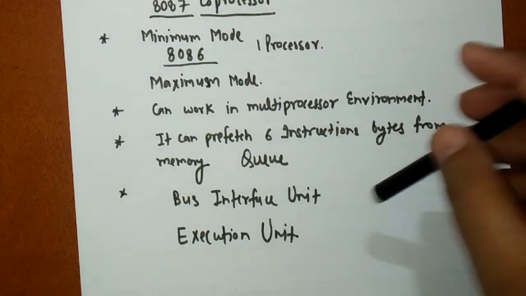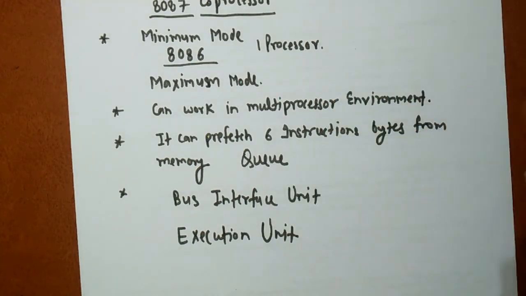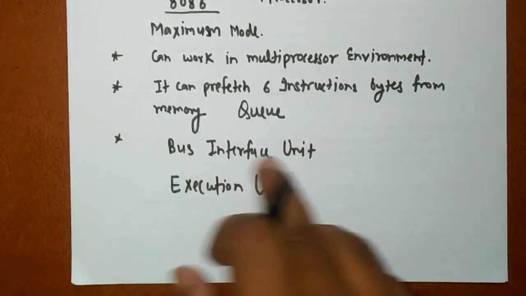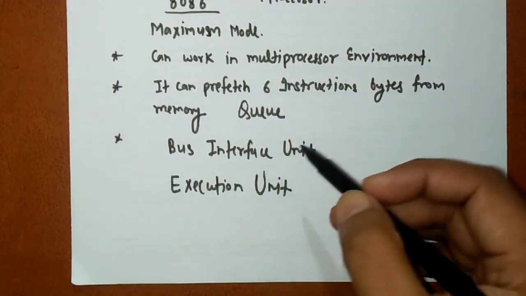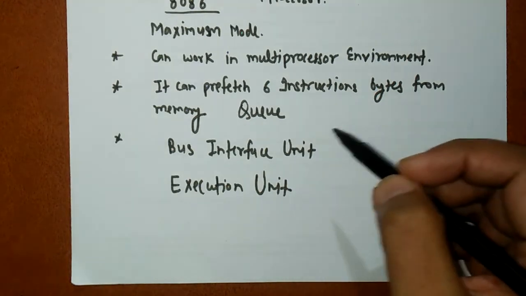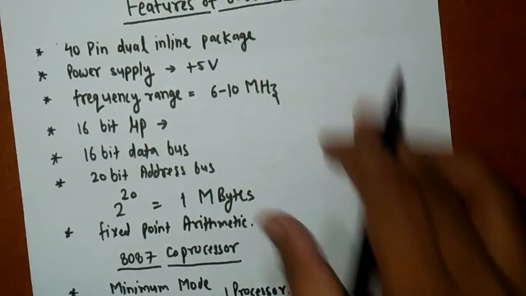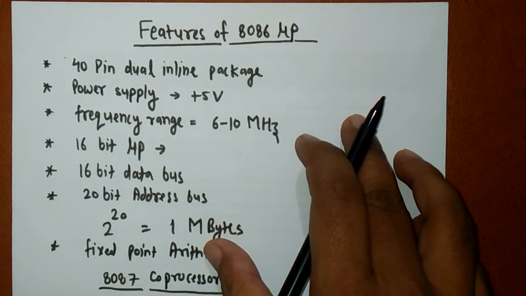Here bus interface unit is used to perform operations like instruction fetching or reading and writing operands from memory or from the input output devices. And execution unit is used to execute the instructions that were fetched by bus interface unit. So we will discuss these two points in detail, but for now these were all the features of 8086 microprocessor.